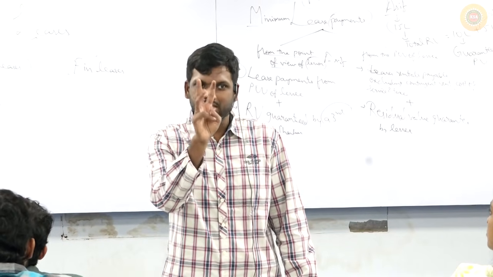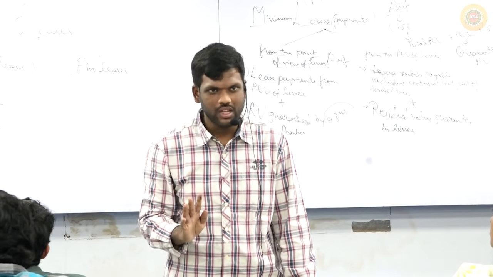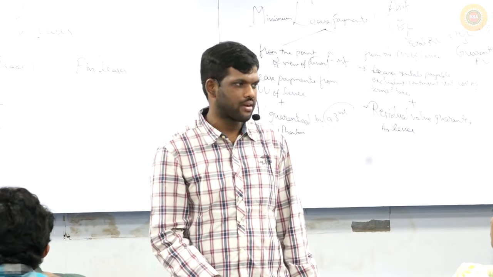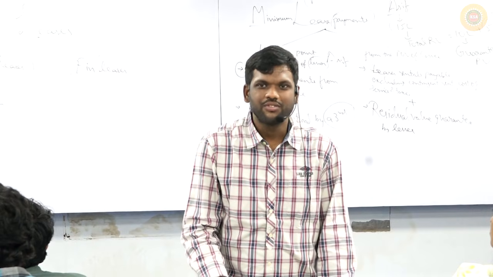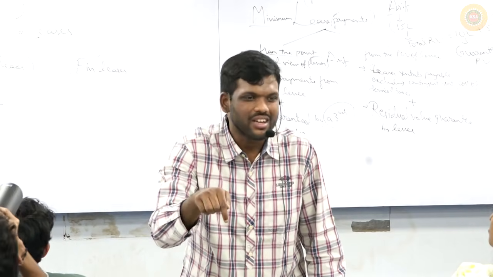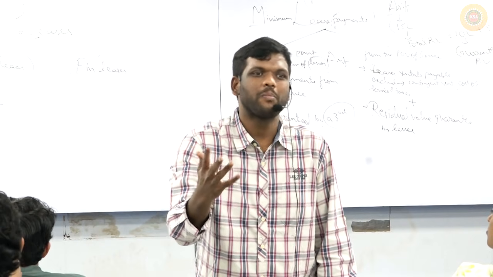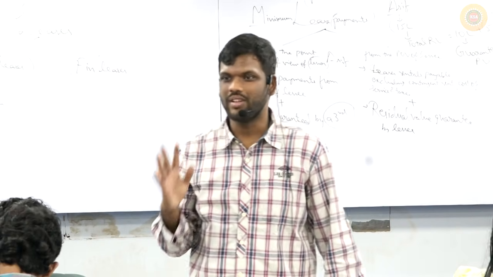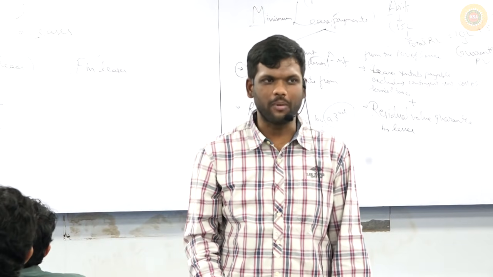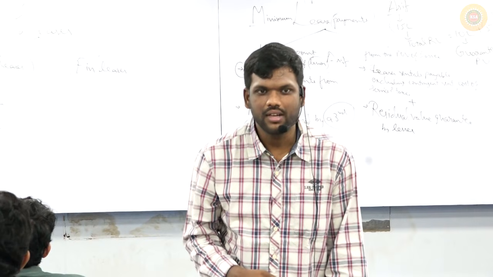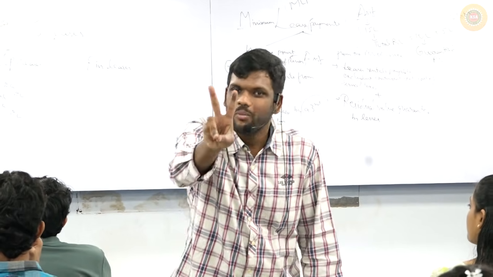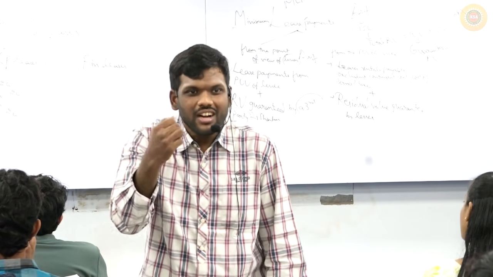Asif is totally asking 6 crores in 3 years. So he told me, pay me 2 crores every year, 2 crores into 3, I will get 6 crores. But I am telling Asif, okay, I will give you totally 6 crores, but in the first year I cannot pay 2 crores. I don't have that much money in the first year. Asif says, okay, how much can you pay? I tell Asif, in the first year I will pay you 1 crore, second year 2 crores, third year 3 crores.